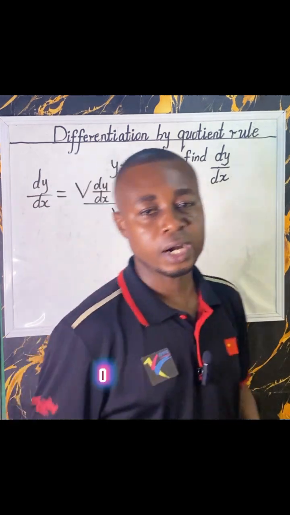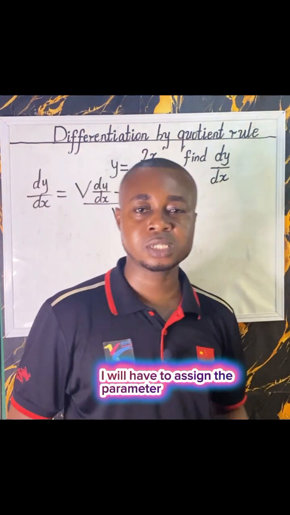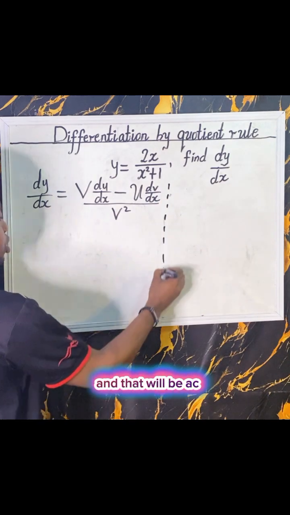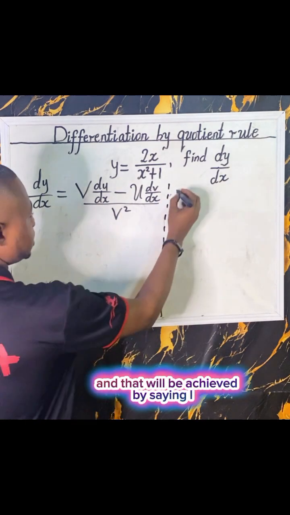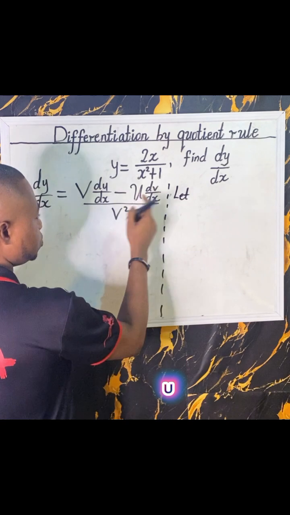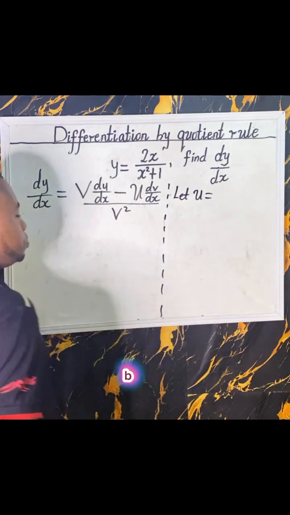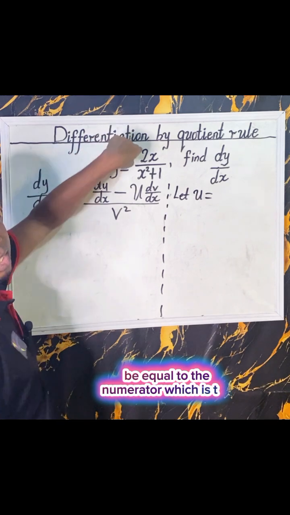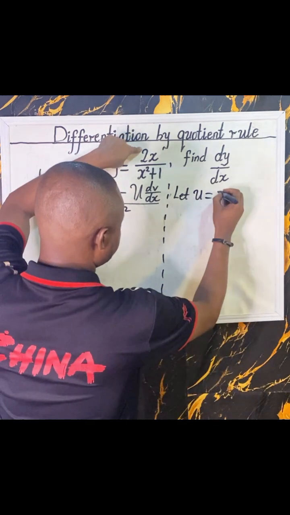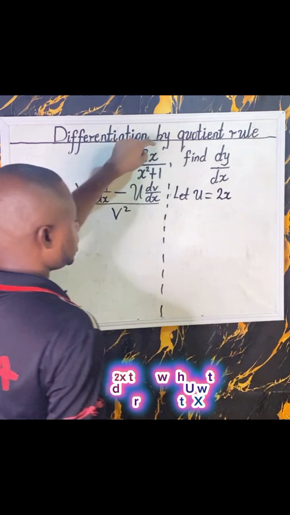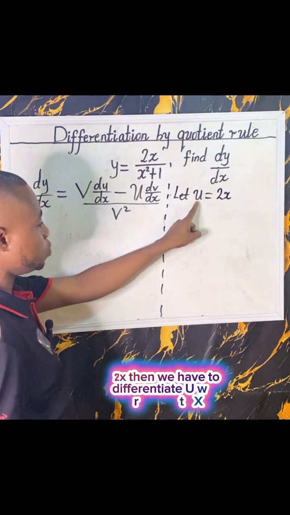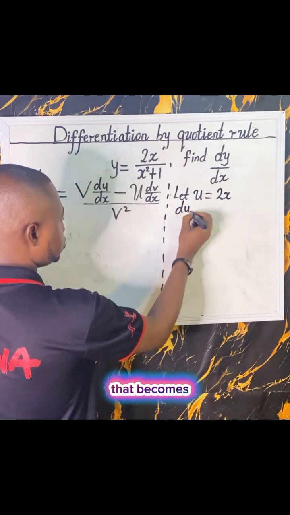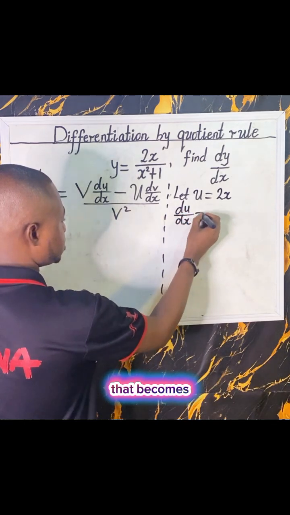Moving forward, I will have to assign the parameters to the right function. And that will be achieved by saying let u be equal to the numerator, which is the dividend, 2x. Then we have to differentiate u with respect to x. That becomes du over dx.